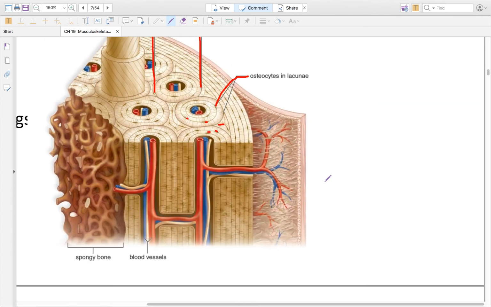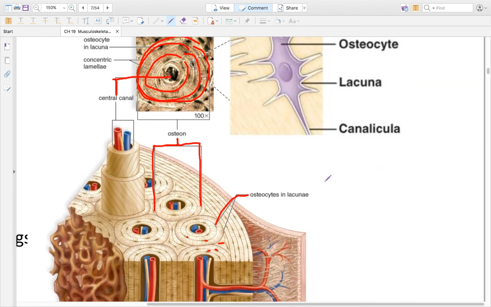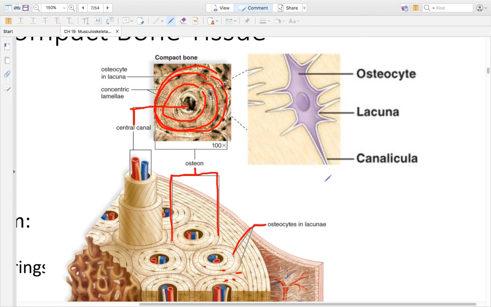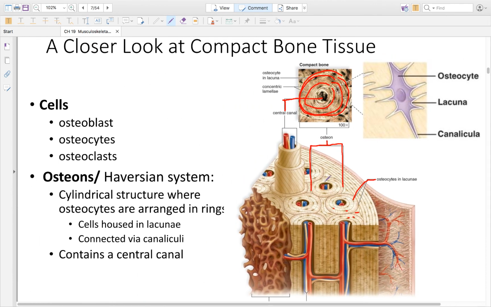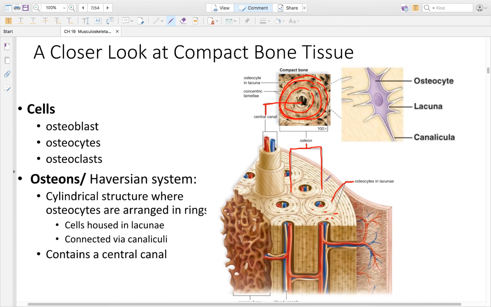Okay, remember what an osteocyte is, or what the term cyte means. This is back to histology. So these are cells, and very specifically, an osteocyte is a mature bone cell. And if we zoom in on it, such as in this picture here, this whole thing right here is the osteocyte.